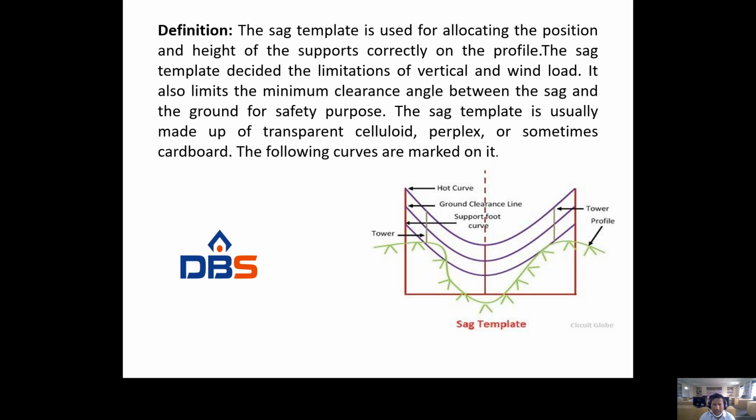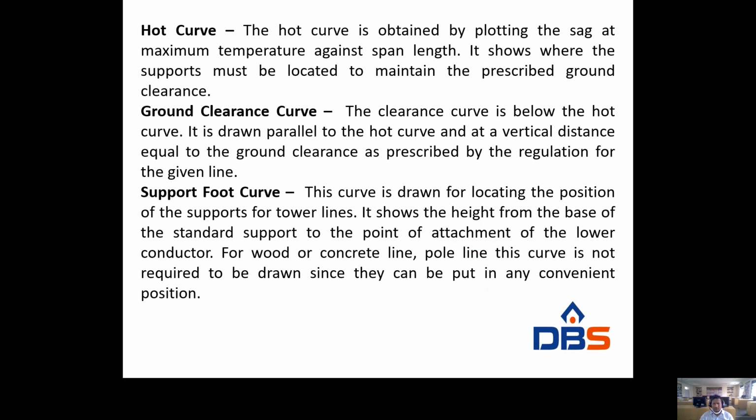The sag template is used for locating the position of the supporters at different levels of the conductors. There are the hot curve, the ground clearance curve, and the support foot curve. The hot curve is obtained by plotting the sag at maximum temperature against span length.